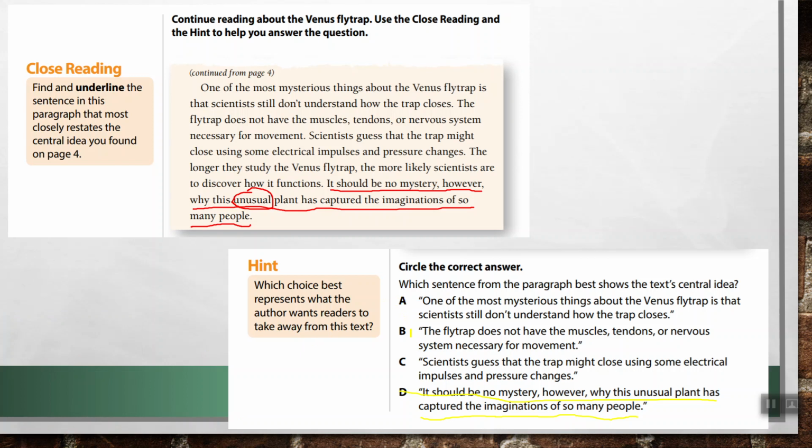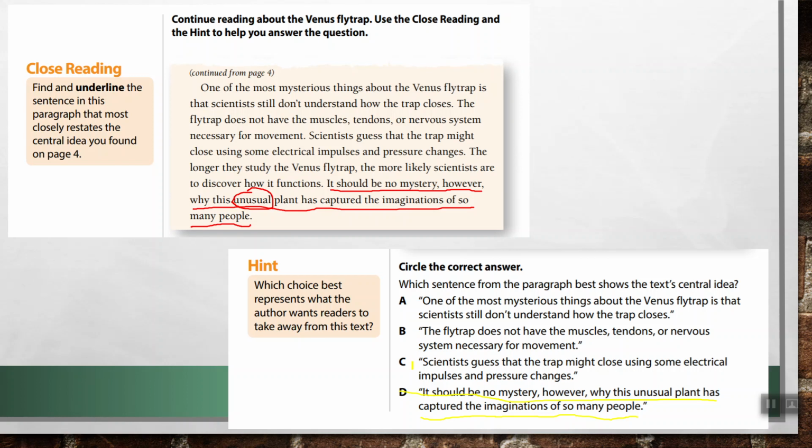B. The flytrap does not have muscles, tendons, or nervous system necessary for movement. Again, this is a great detail that describes the mystery of the Venus flytrap, but it does not help us understand the central idea or the one reason the author wrote the article.